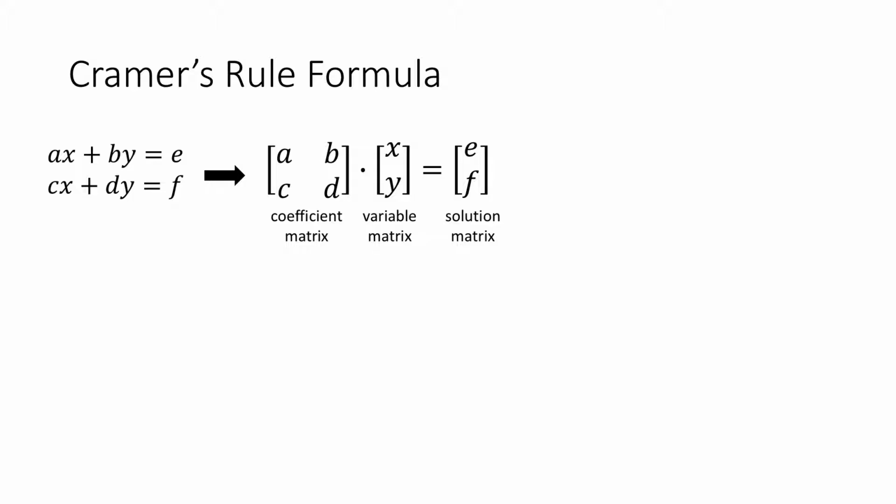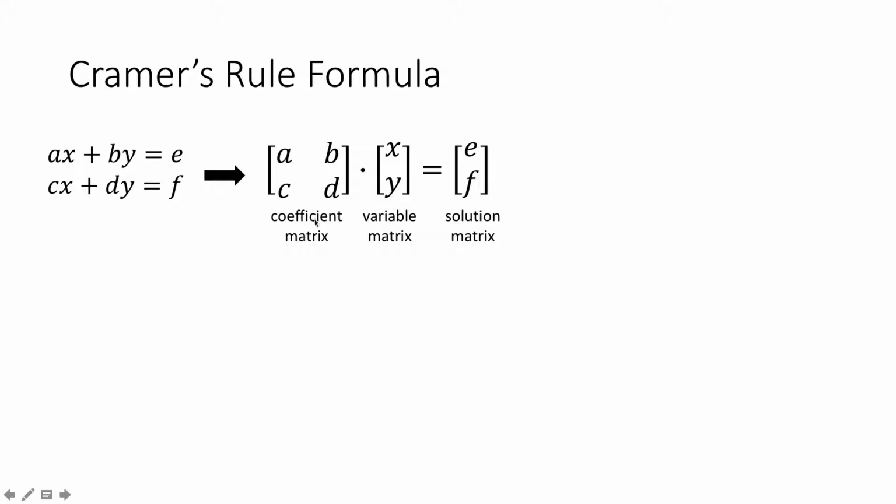So A is the coefficient of x. B is the coefficient of y. C is the coefficient of the x on the bottom. D is the coefficient of the y on the bottom. Those numbers make your first matrix, your coefficient matrix, in the same order as they appear: A, B, C, and then D.